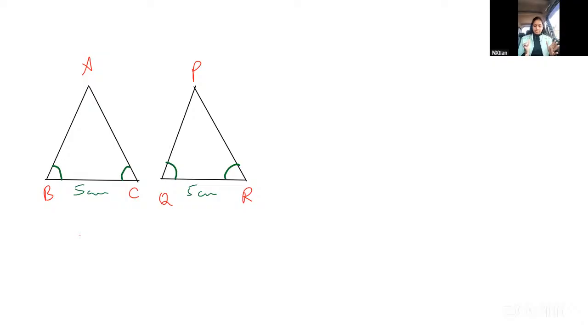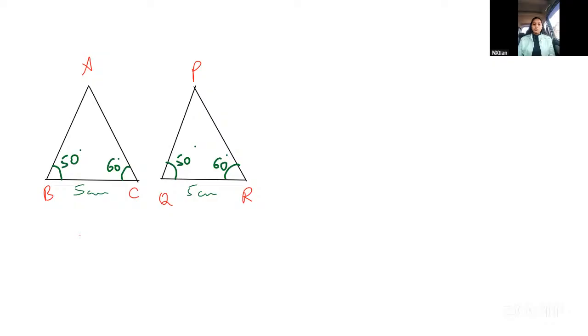Angle B and angle C. On line QR, what two angles are there? Angle Q and angle R. That is what you have to take down. So if angle B is 50 degrees, Q also has to be 50. If C is 60 degrees, R also has to be 60 degrees.